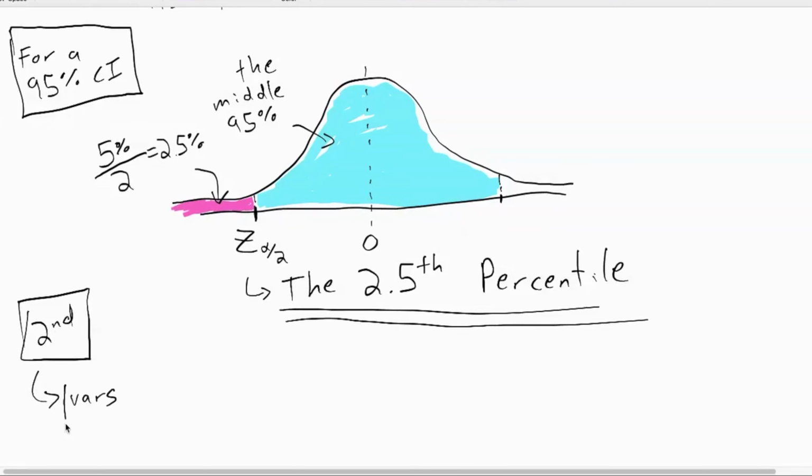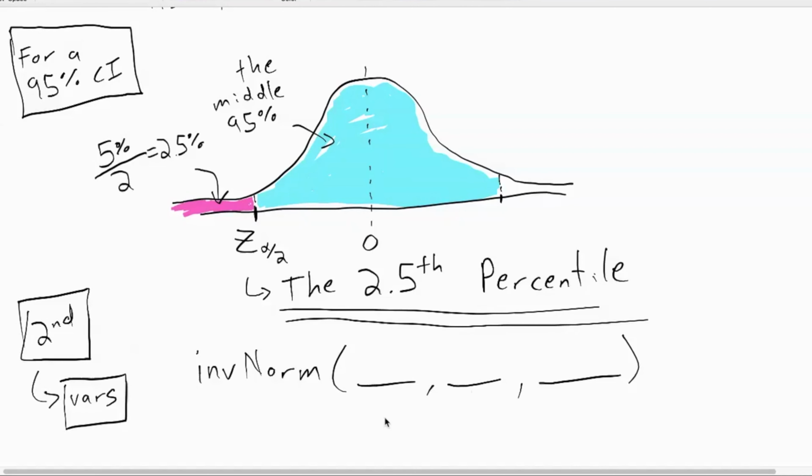Because we're trying to find a percentile, we're going to use inverse norm. And inverse norm needs 3 numbers, which, depending on your calculator, your screen will look different at this point. But you need to know the area, you need to know the mean of the distribution you're working with, and the standard deviation. We're trying to do this for a 95% confidence interval.